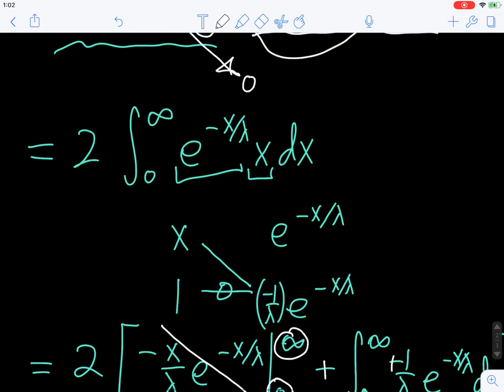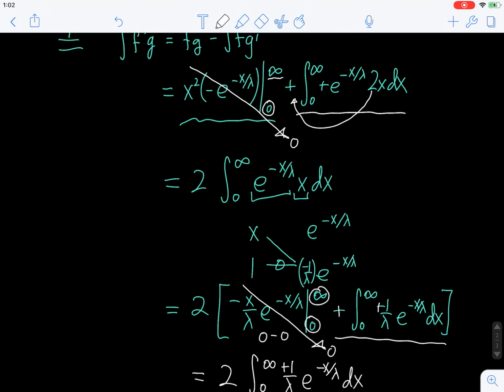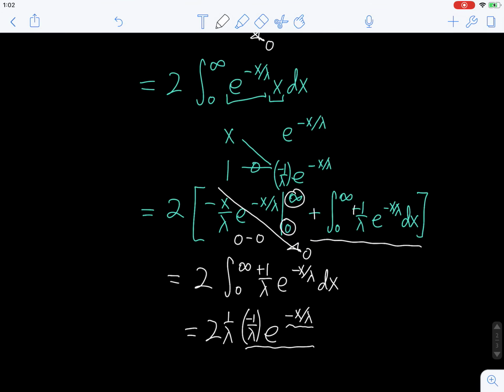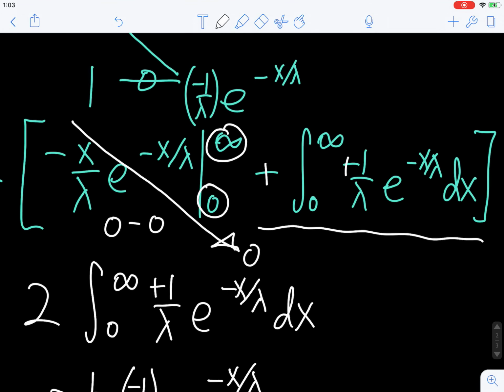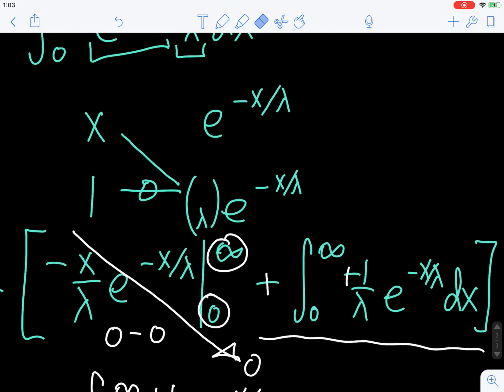Did I do something wrong? Oh, it looks like I did something wrong here. Sorry, let me fix this mistake real quick. When we go from here to here, we're integrating. So if we derive it this way, we'll have negative 1 over lambda, and so it's actually negative lambda here.